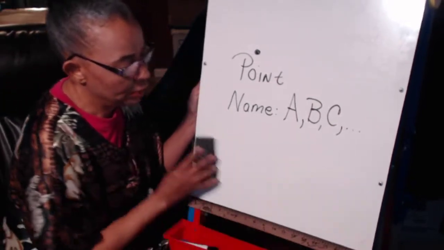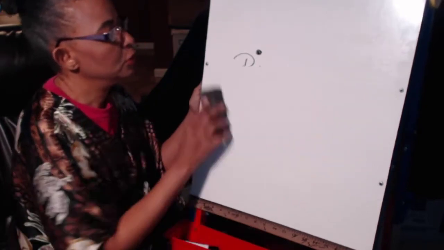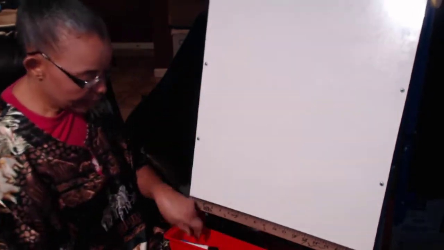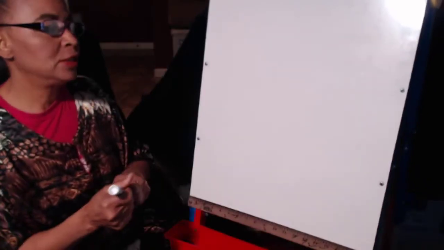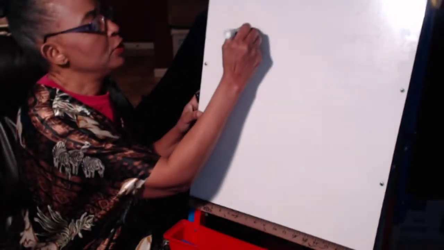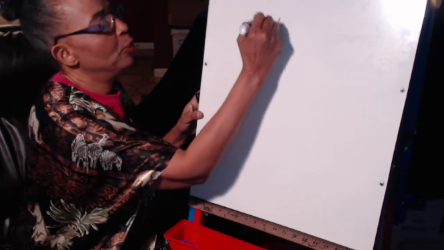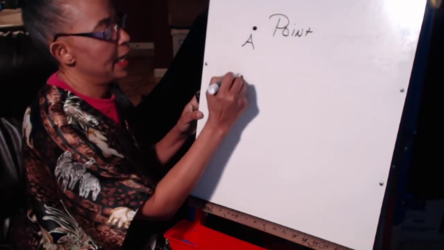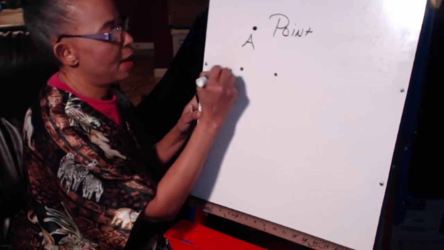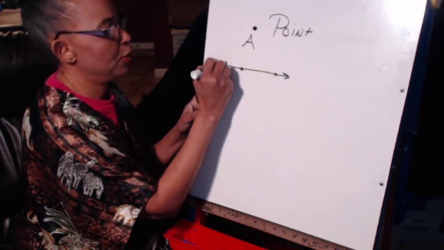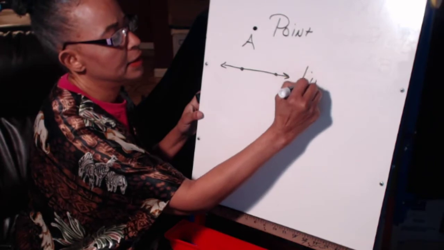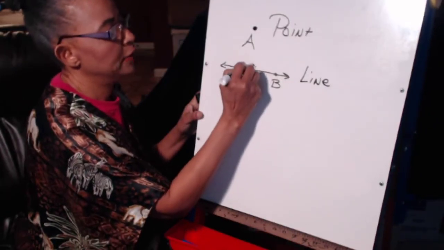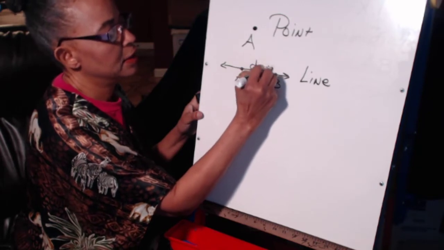So now, we talked about 2 shapes so far, the point and then the line, but what happens when we do not have arrows? So we have our point, and we'll call that A. Then we had our 2 points, and we created our line, which gives us distance.